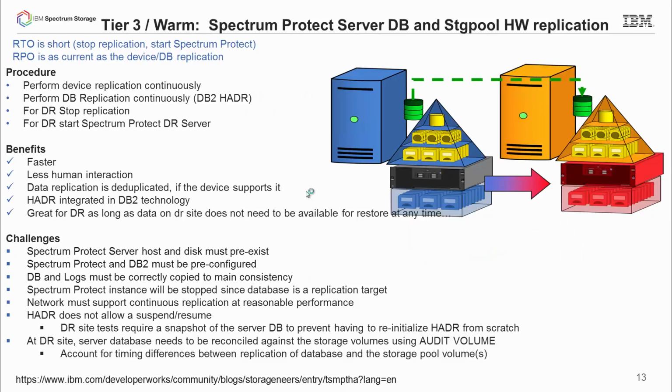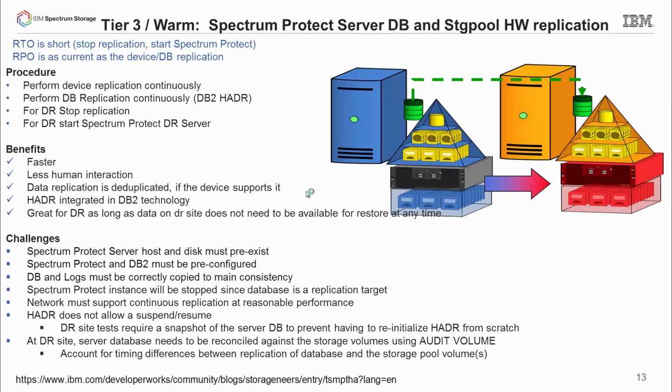On page 13, we take this hardware replication a step further by utilizing the built-in DB2 high availability disaster recovery, HADR, that comes with Spectrum Protect. First of all, you're going to have the storage pools replicate continuously from one device to another. You'll then perform the database replication utilizing the DB2 HADR, and that also will happen continuously.